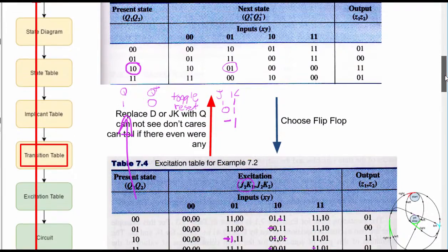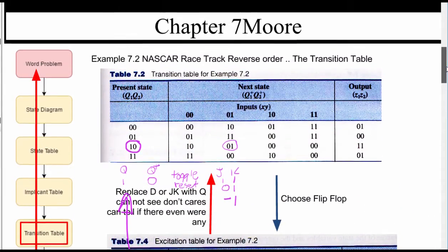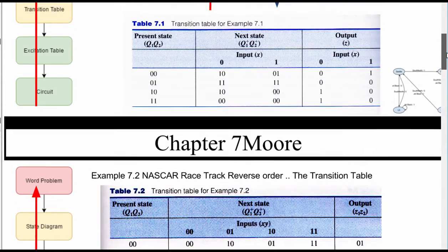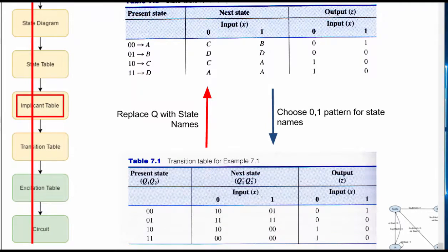Okay, so we're moving up towards the implicant table. As we work our way up, reverse engineering this circuit, the big question is, what was this circuit for in the first place? We have no idea why we're even looking at this circuit. We're just troubleshooting it. We're just reverse engineering it.